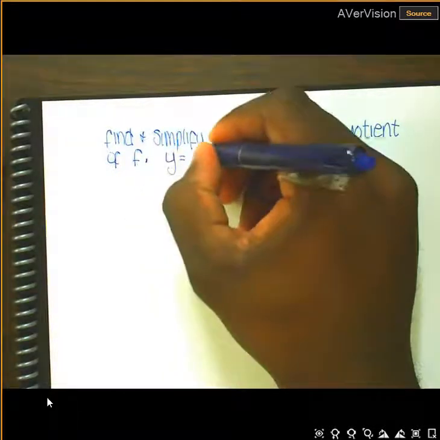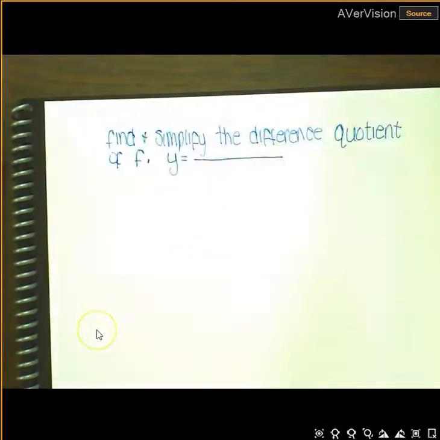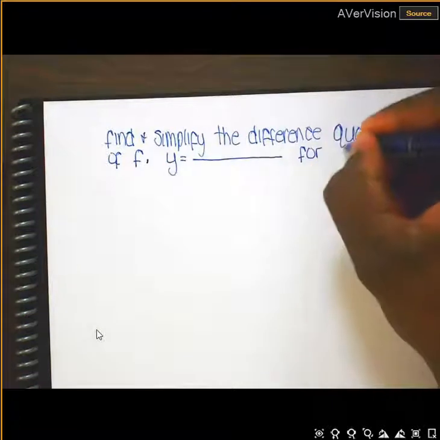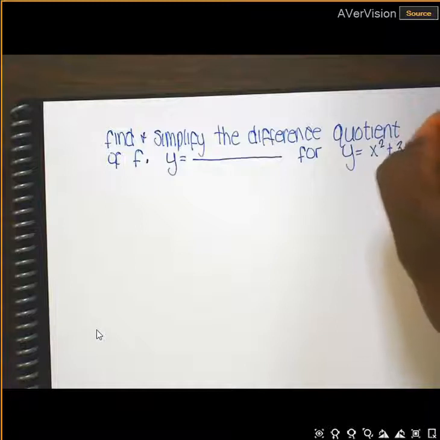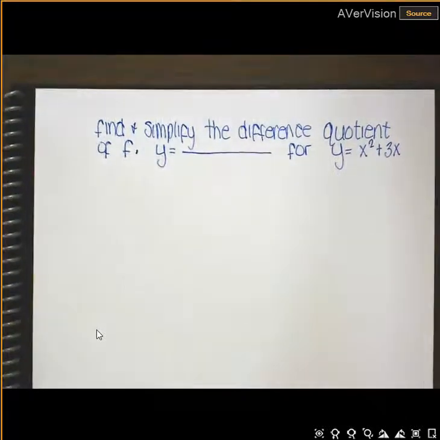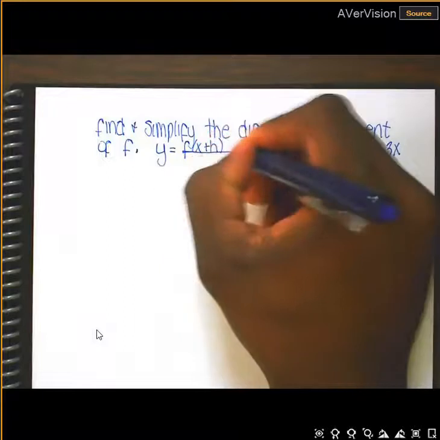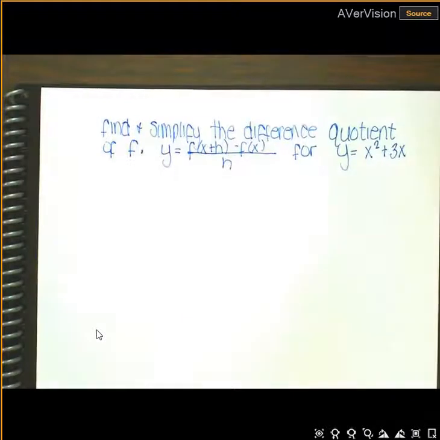It's a fraction. Do you remember how the difference quotient went? You said f of x plus 3, but I think you meant to say h.